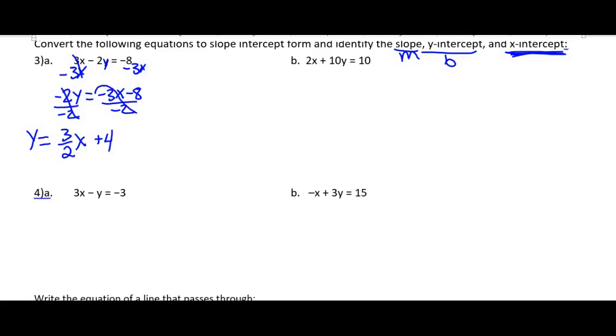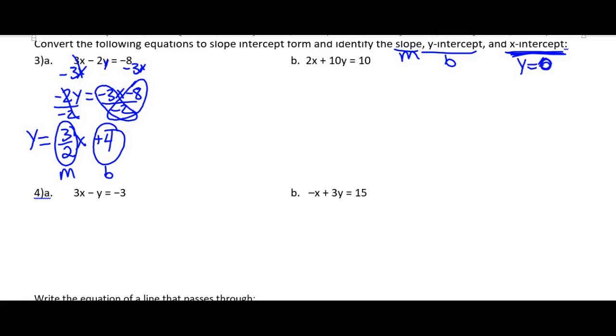We're just dividing each one of these numbers by -2. So there's our equation. That makes our slope 3 over 2, our y-intercept +4.